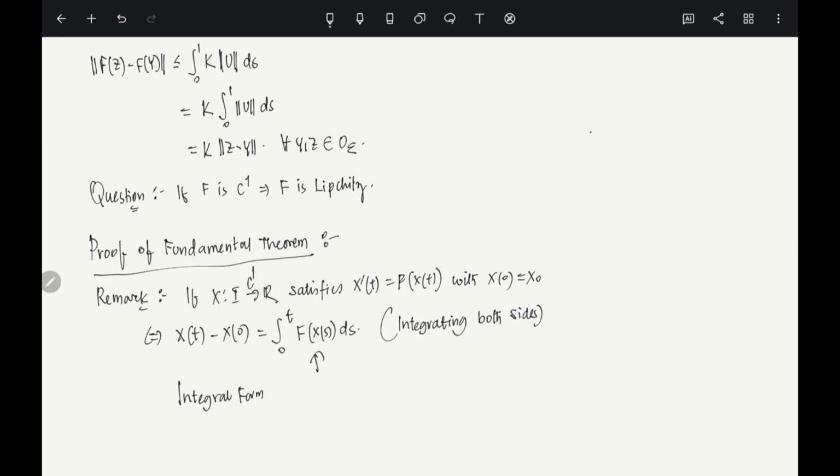If there is a function which satisfies the integral form, then it will satisfy the equation. Clear? So this is the integral form of the differential equation x prime equals f of x. Okay, now we come to the proof of this.